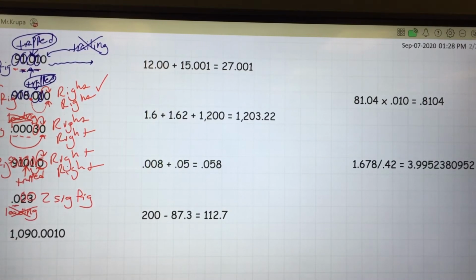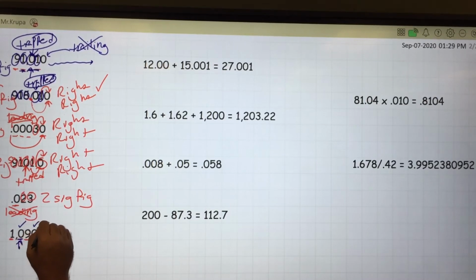In the last example here, we know 1, 9, and 1. They are significant. So now we have to decide about all the zeros. This 0 right here, it is a trapped 0 between 1 and 9. It is significant. This 0, and this 0 is trapped between a 9 and a 1.